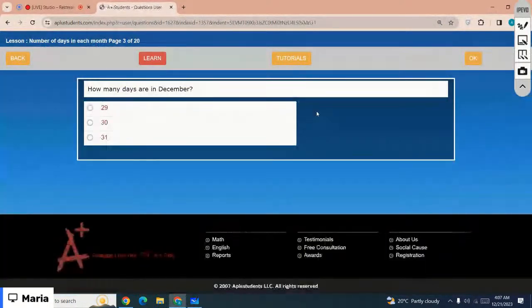How many days are there in December? So which is the correct option? December has also 31 days. The correct option is 31.